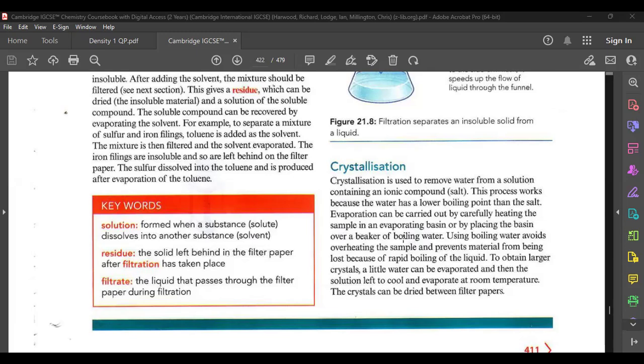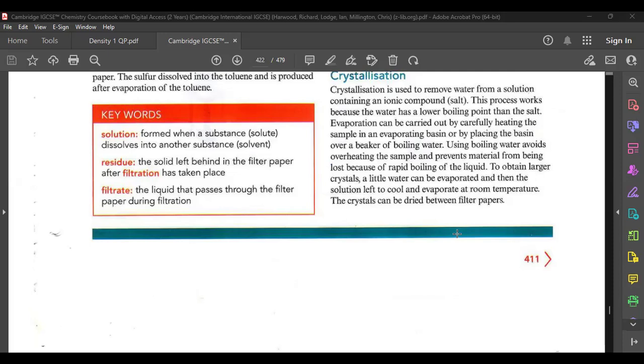After it reaches its boiling point, what would we do? We would leave it in the lab so that once the water is evaporated and only the saturated solution of the salt is there, what would we do?